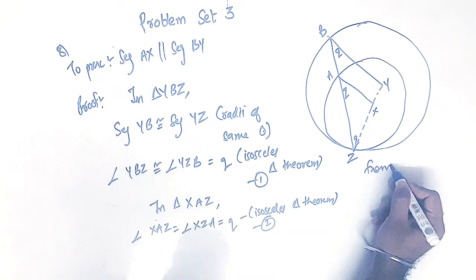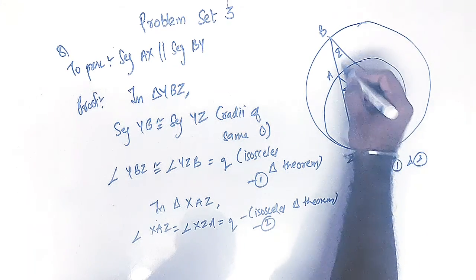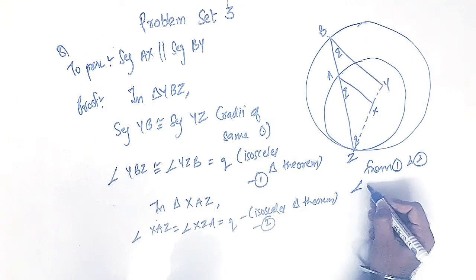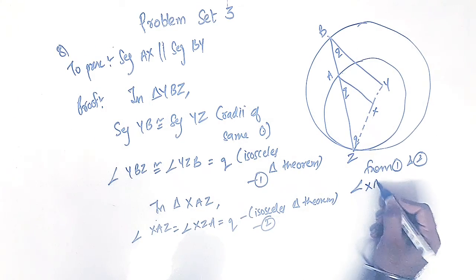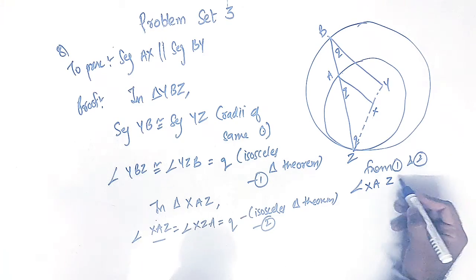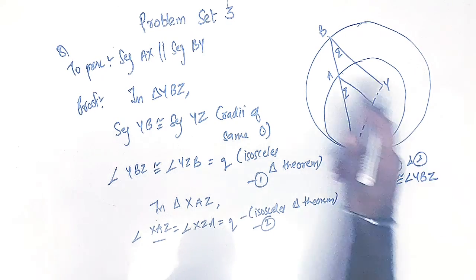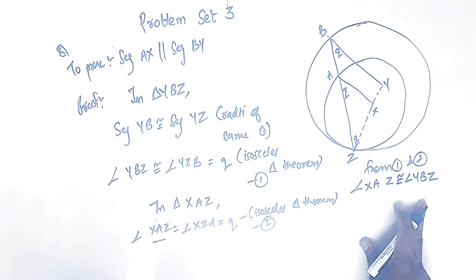So you can easily see from point number 1 and 2, these two angles are congruent, they become Q, Q. So angle XAZ is congruent to angle YBZ, correct. This is from 1 and 2.